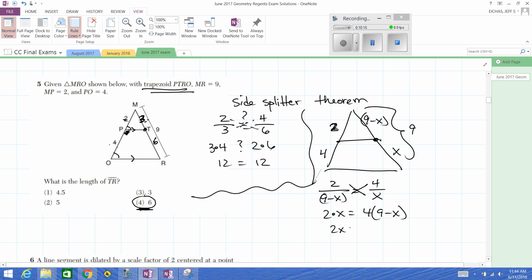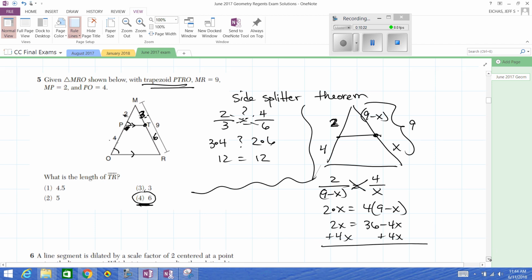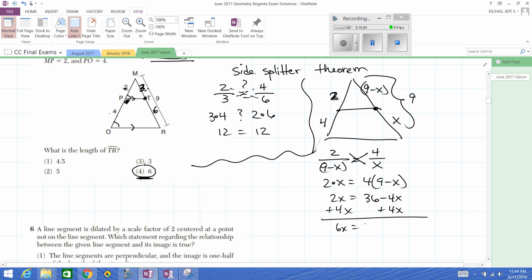Distribute on the other side here. Add 4x. And we will get x is 6. That's the way to do it with the algebra. Okay? You could have put these together and made that 6, so there's another option as well.